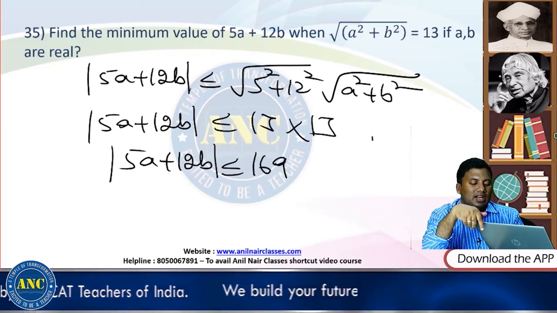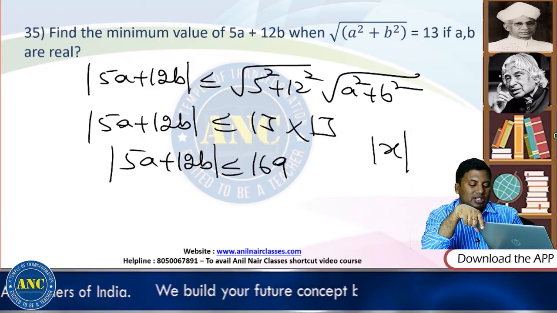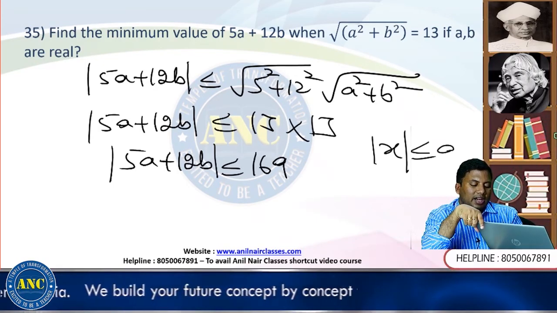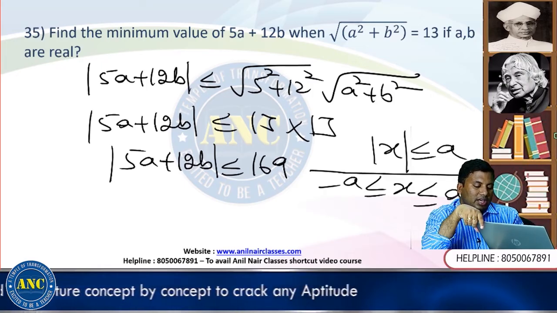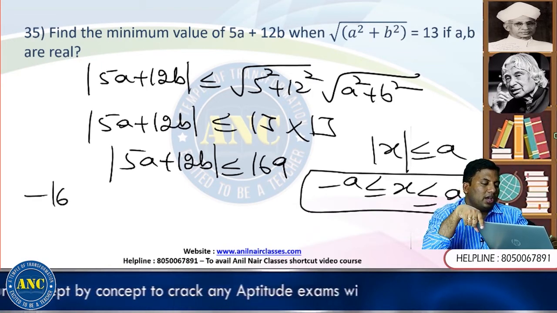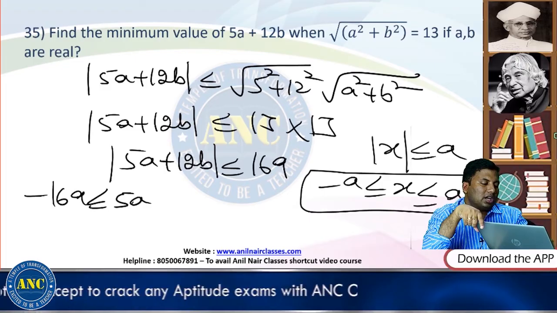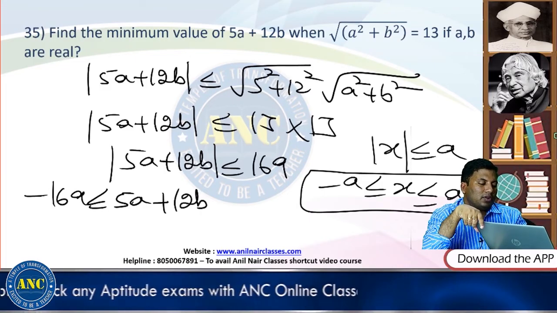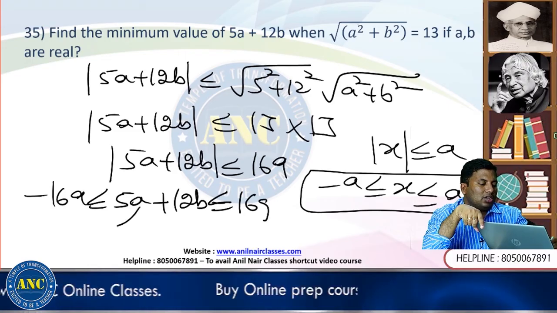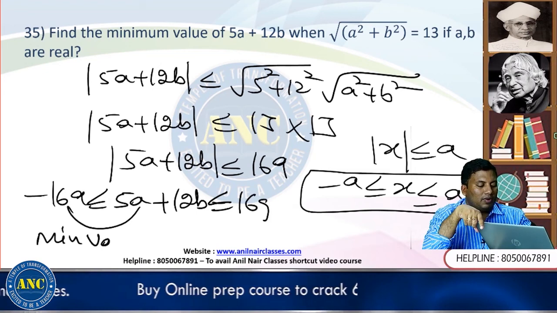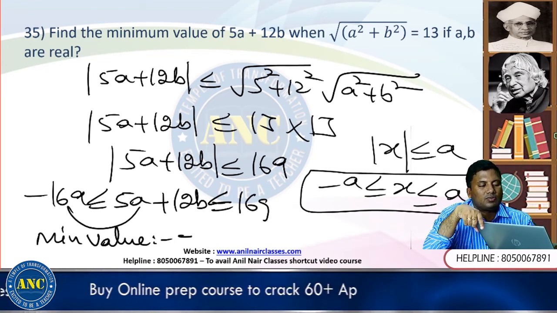Mod x less than or equivalent to a, we discussed in the second class, means x lies from minus a to a. Minus 169 is less than or equivalent to 5a plus 12b, which is less than or equivalent to 169. So the minimum value is minus 169.